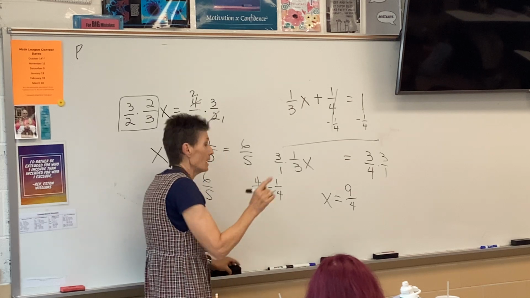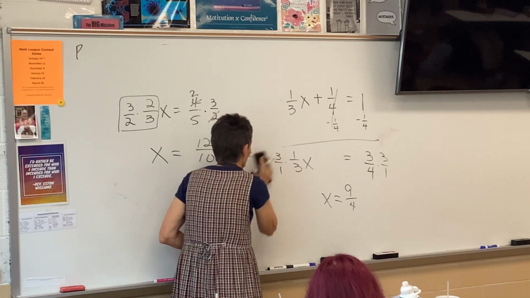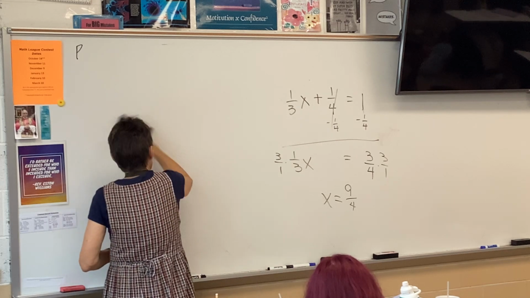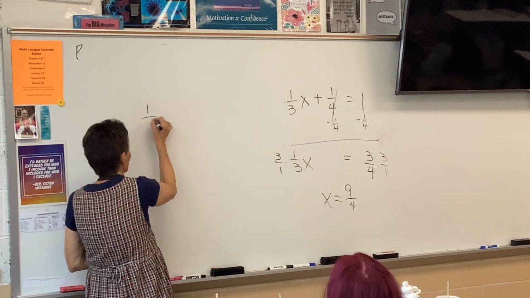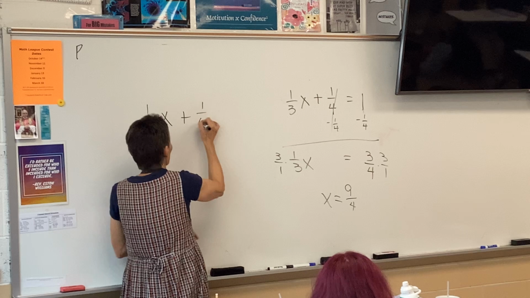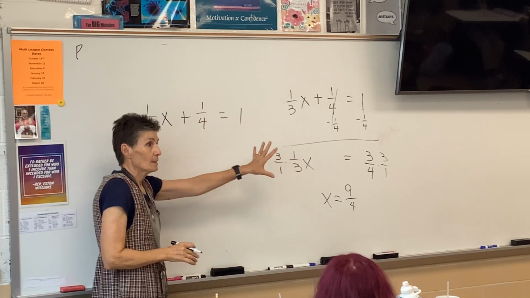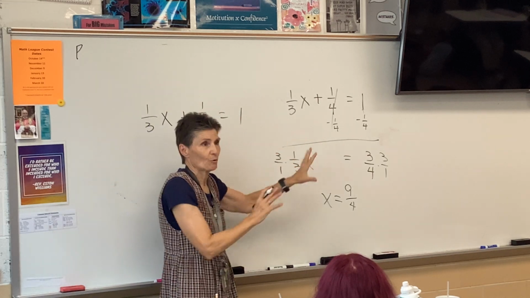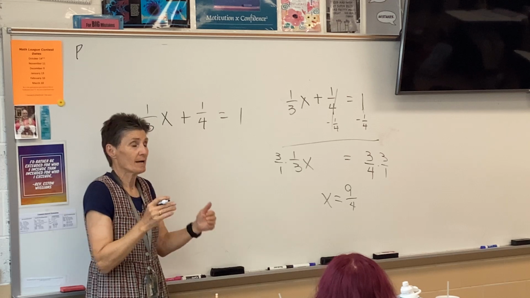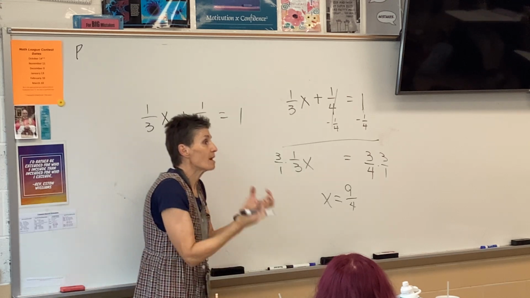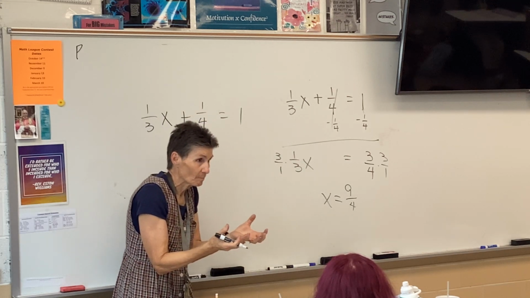Now, I'm going to show you one more thing. You might remember this from last year. What we just did is awesome. That will work every single time, it's great. But sometimes, I'd rather just not deal with the fractions.